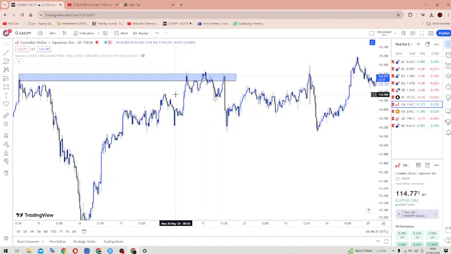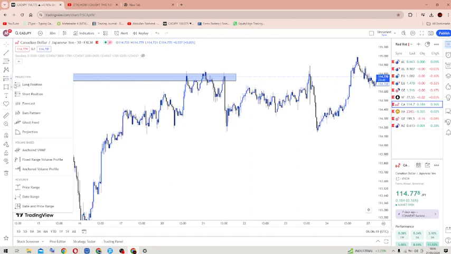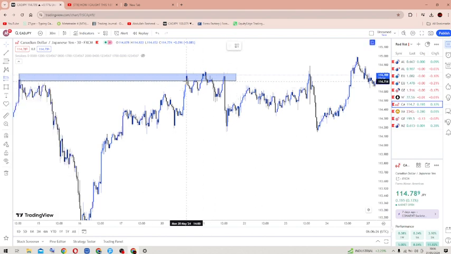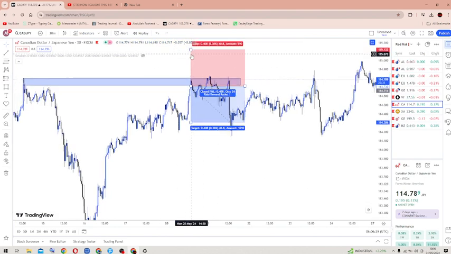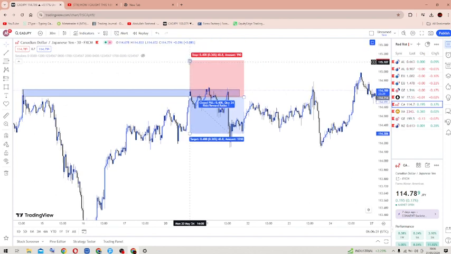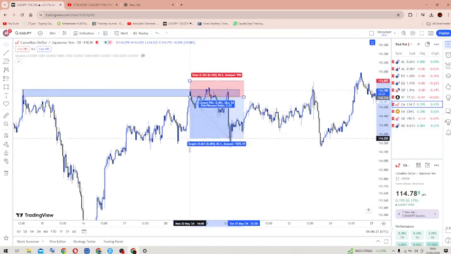Before, when I first started trading, whenever I saw something like this, I just needed to see a candle or maybe any pin bar, and I started to sell, thinking that price may just go down. But that is not the case, bro.